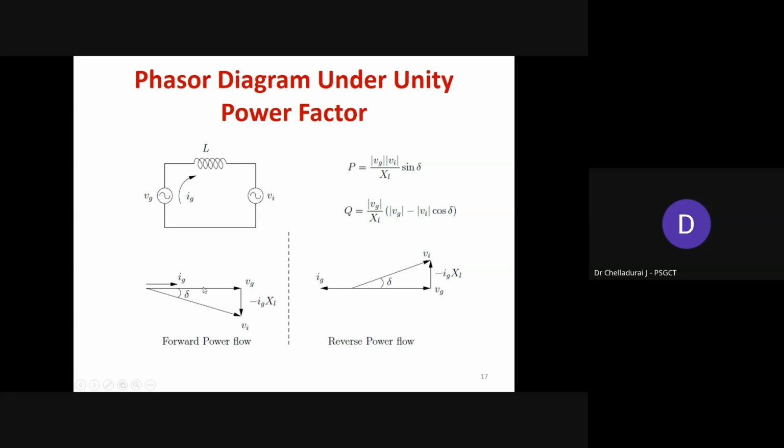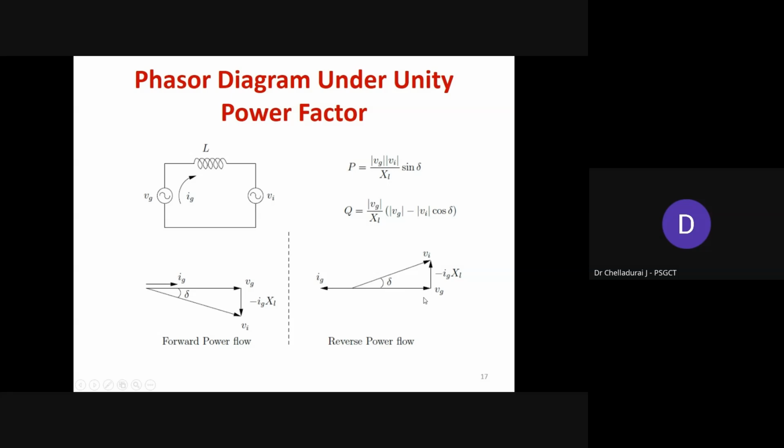To get the in-phase current, we have to adjust this phase angle. If the voltage magnitude is greater than that of VG, then power will flow from source 1 to 2.